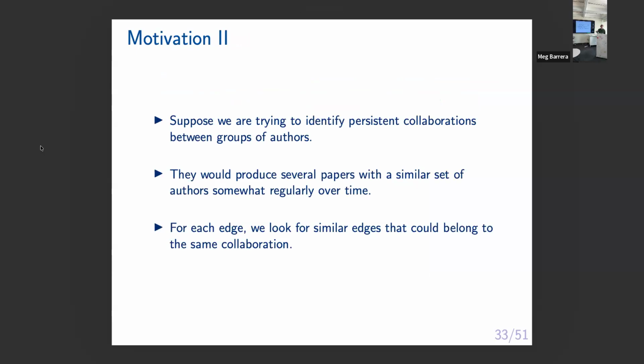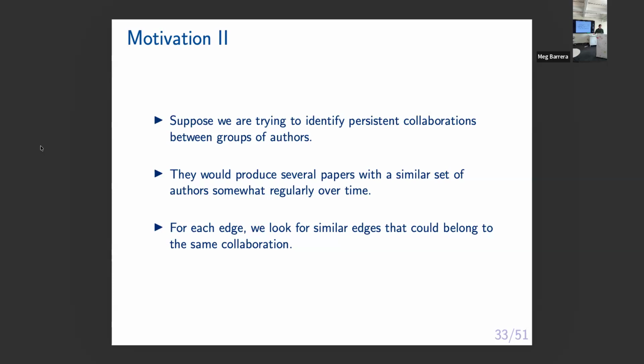So the motivation behind this project is, suppose that we're looking for persistent collaborations between groups of authors. If you want to find research labs, or guess who might work with whom, you could do some link prediction thing. But beyond just, oh, they wrote 1 paper together. Lots of people write papers with 1 or 2 other people.